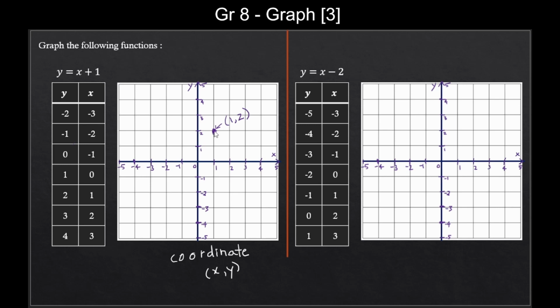This is the location of this dot. X equals 1 and y equals 2, right? So this is some extra knowledge that you have to remember. But for now, I'll just erase this again and start graphing.